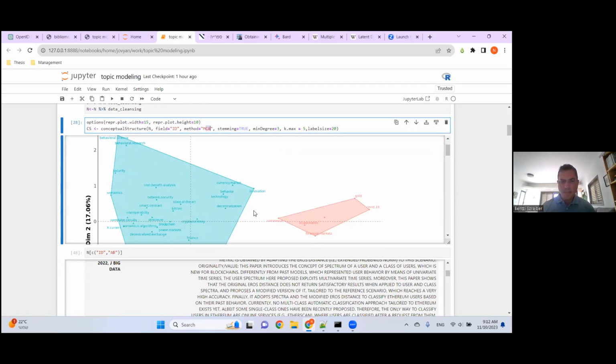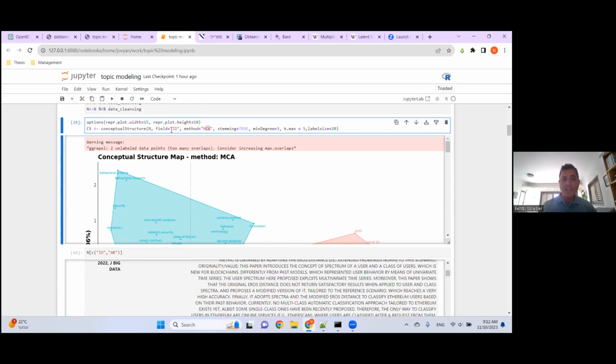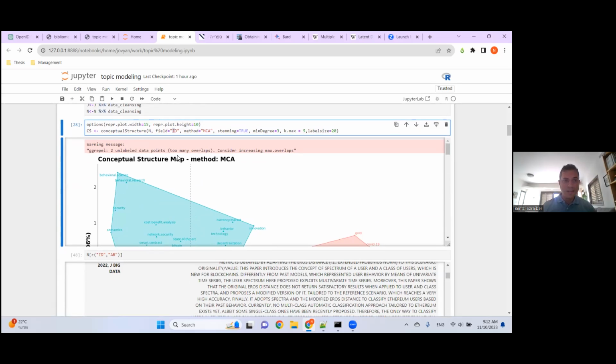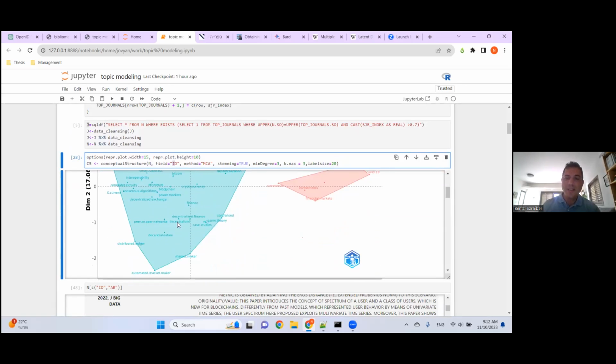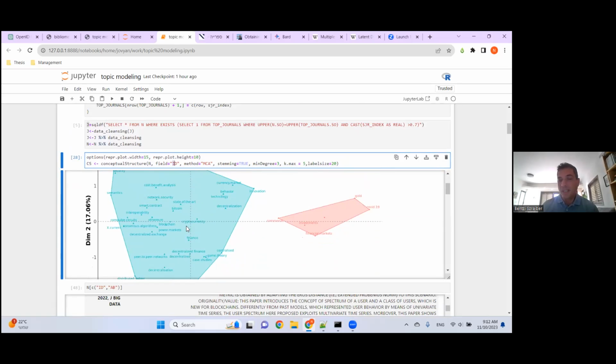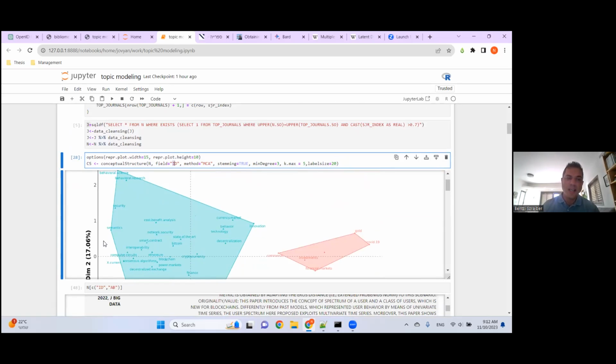Last time we discussed that the examples they give use the keywords field. So based on the keywords field, you can see which are the keywords and what the MCA shows.